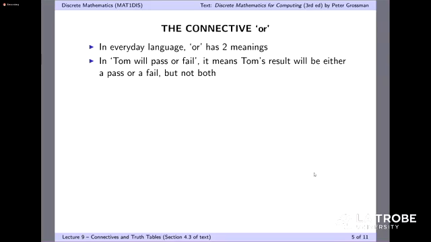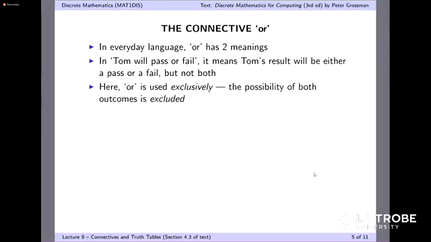In that case, we call it slightly differently and we will not handle those cases. For example, here we use this "or" exclusively, so the possibility of both outcomes is excluded. Outcomes are either pass or fail, nothing in between.